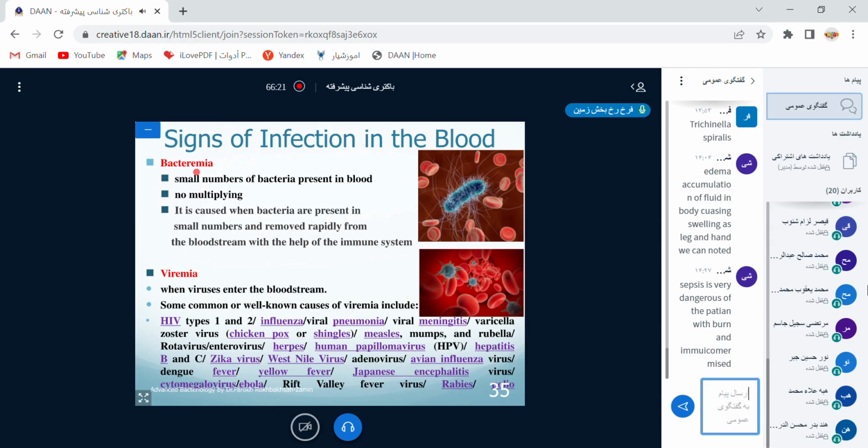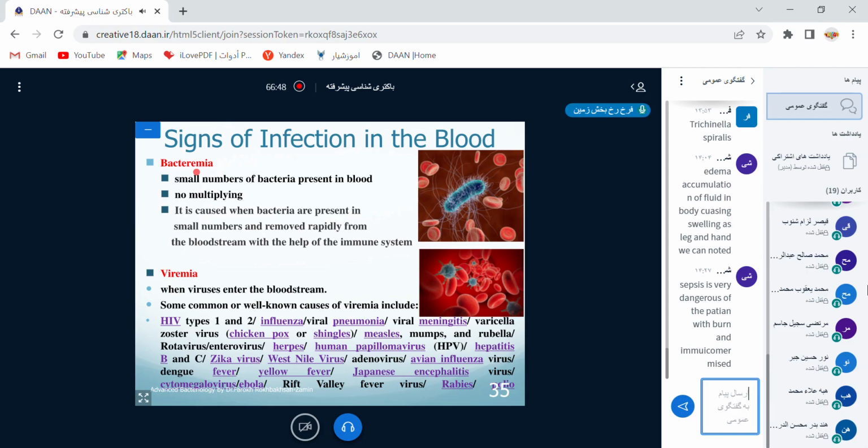But what is the difference? In bacteremia, they are in low number and the immune system can suppress them very soon. And the patient doesn't feel bad because all bacteria are immediately killed by the immune system.